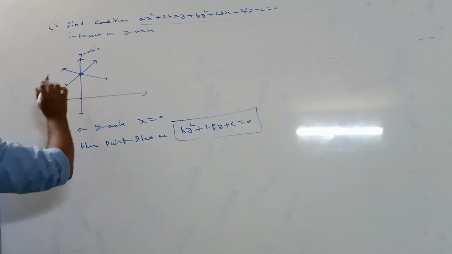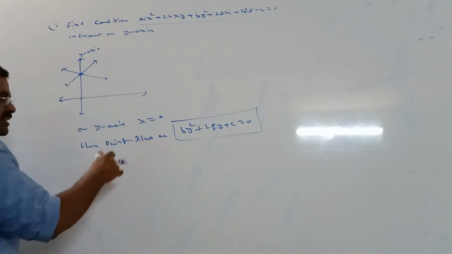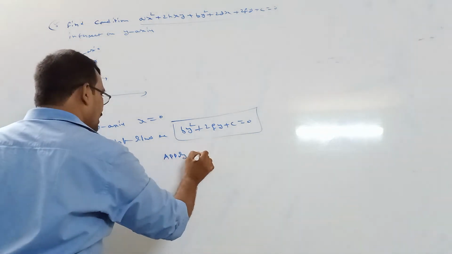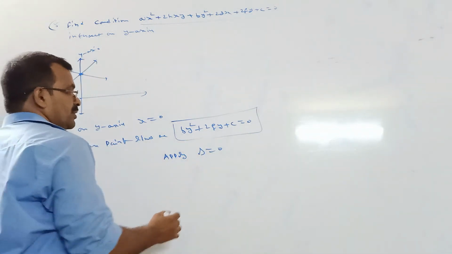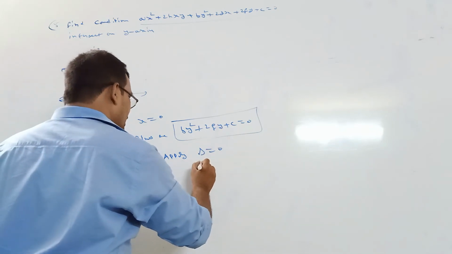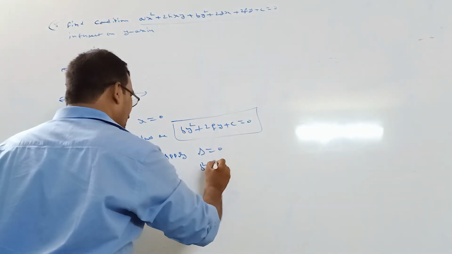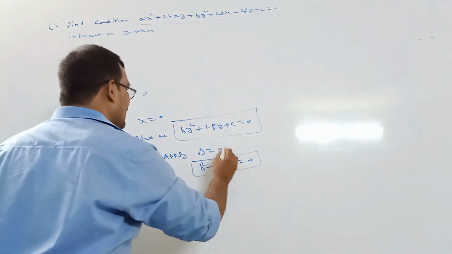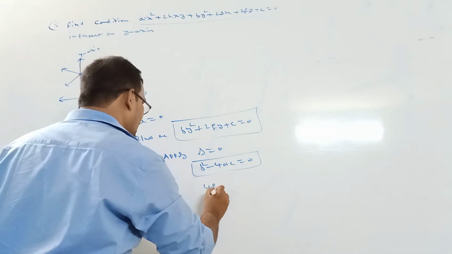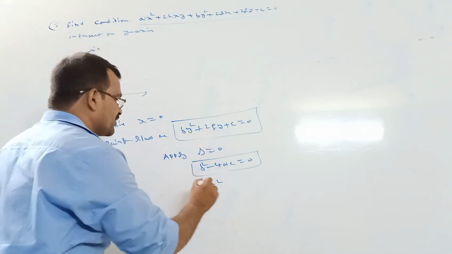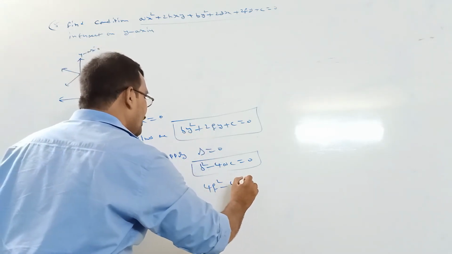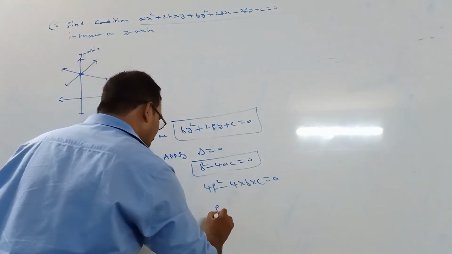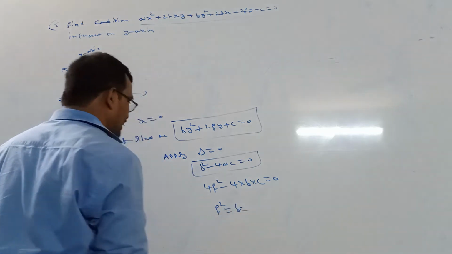Why? Because the lines should intersect on the axis, so these roots are equal. So apply delta equal to 0. Delta equal to 0 means b square minus 4ac equal to 0. Here b is 2f, so 4f square, minus 4ac, where a is b and c is c, so 4bc equal to 0. Obviously we get f square equal to bc.